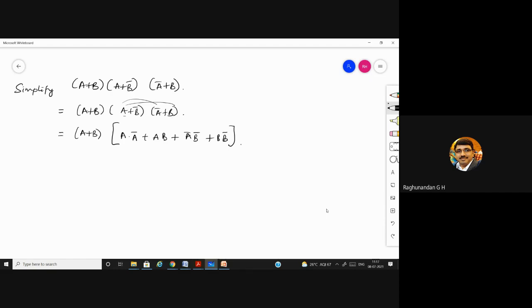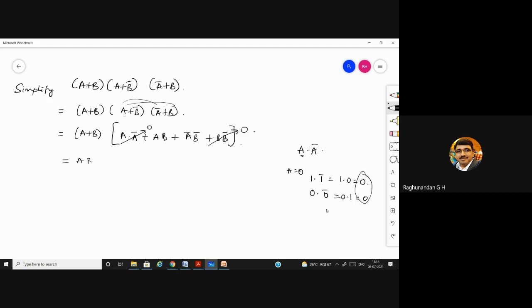What is the duality value? 0. If you get confusion, you can cross verify. Substitute A is equal to 1: 1 into 1 bar, 1 into 0, that is equal to 0. Substitute A is equal to 0: 0 into 0 bar, that is 0 into 1, that is equal to 0. Whatever value you put for A, it comes 0. That's why this tends to 0, this tends to 0.